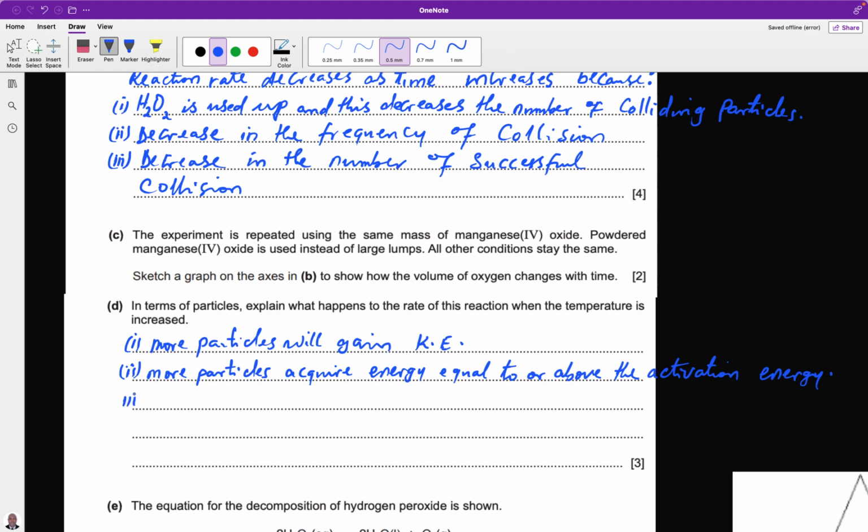Three, we can say there are more frequent successful collisions between particles.